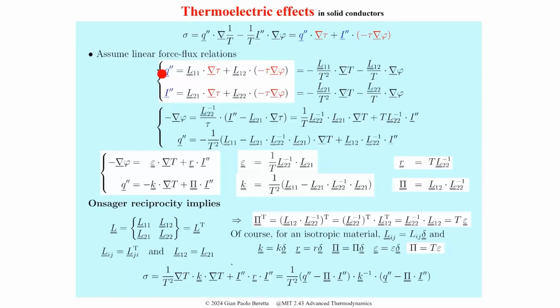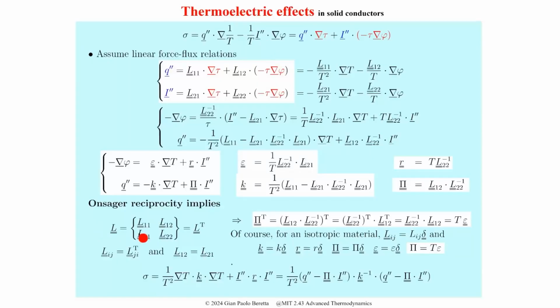So it's a 6 by 6, which you can cast in this more compact way. But this 6 by 6 matrix has to be symmetric by the Onsager reciprocity.